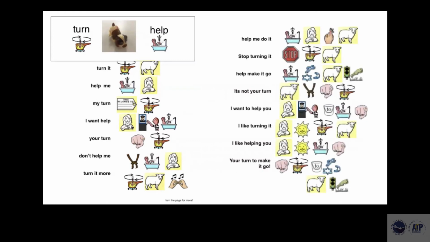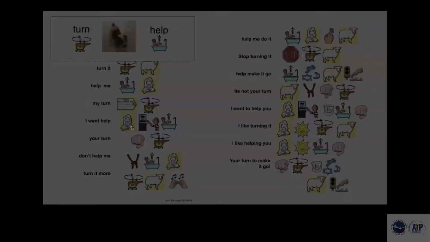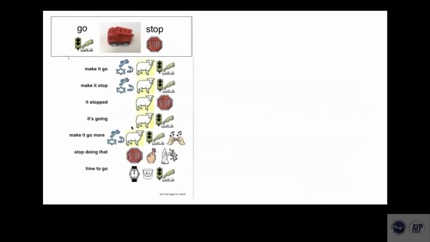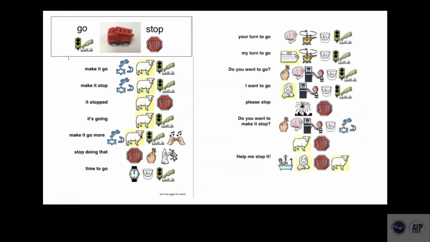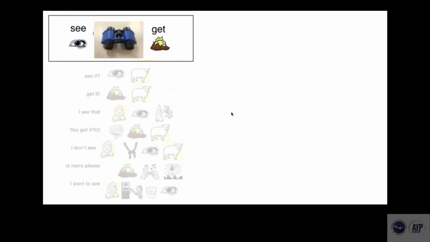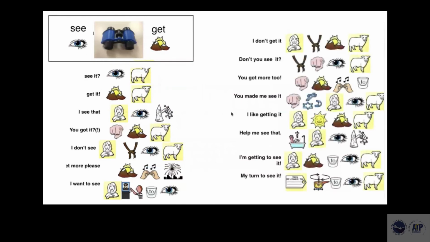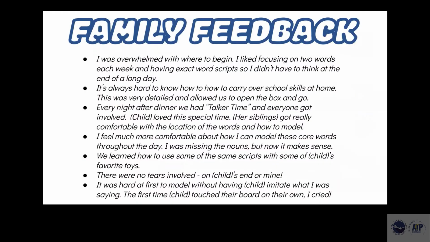So that's what that looks like for the words turn and help. Here's what it looks like for go and stop. Make it go. Make it stop. It's going. Make it go more. All core vocabulary words in these phrases that they're modeling with the words go and stop with a little car. There's see and get. So you get the idea.